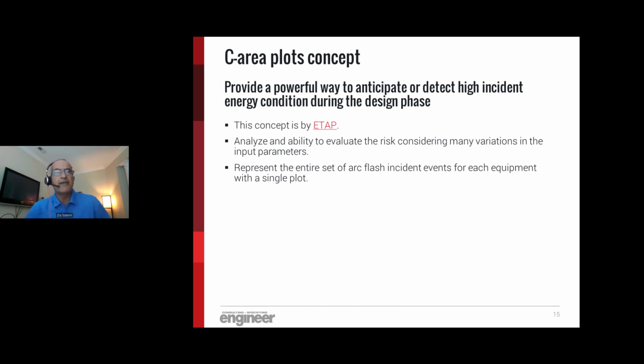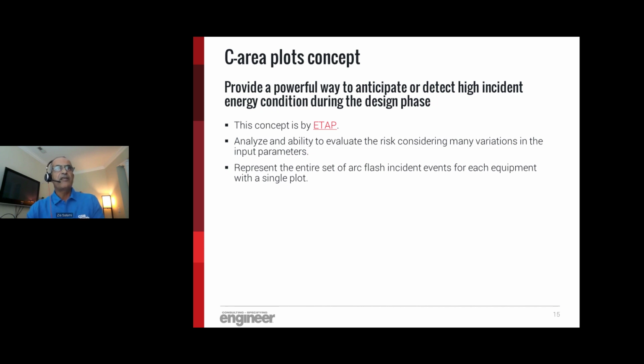This is a new concept by ETAP, and they have implemented it in their software. Having said that, this is for radial systems at this point and not for loops. They're planning to continue this concept in the near future.